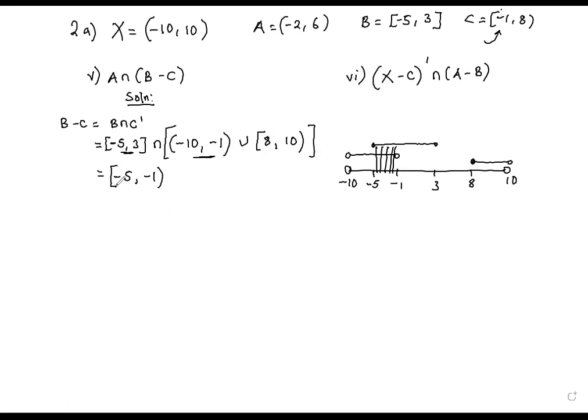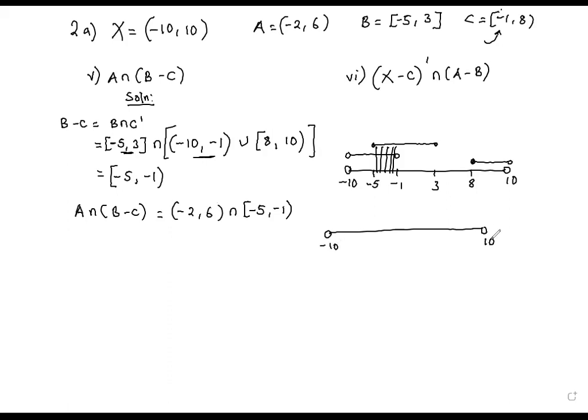So we need to go back to our question and now complete it. It is A intersection, what we have found. That is A is negative 2 to 6, intersection, the answer we have, negative 5 to negative 1. Okay, so again, on the base, negative 10 to 10.